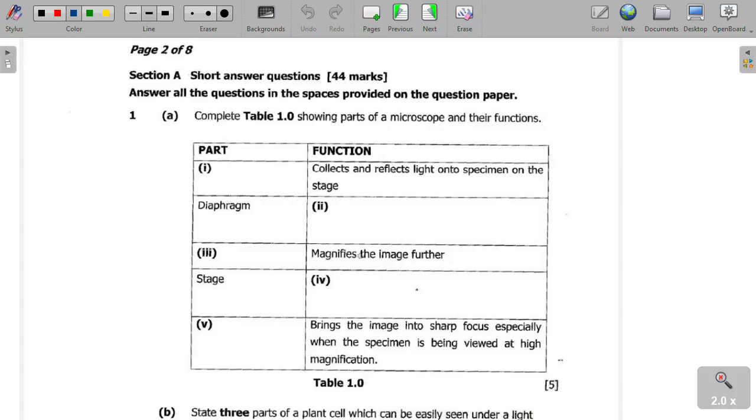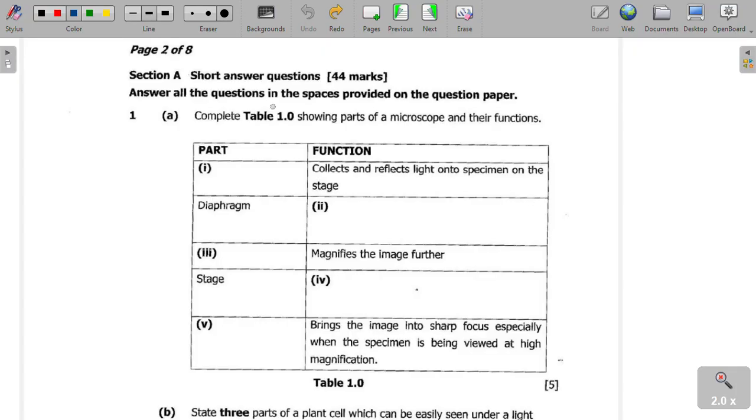Okay, so the first one, what is this part for? The function is to collect and reflect light onto the specimen on the stage.